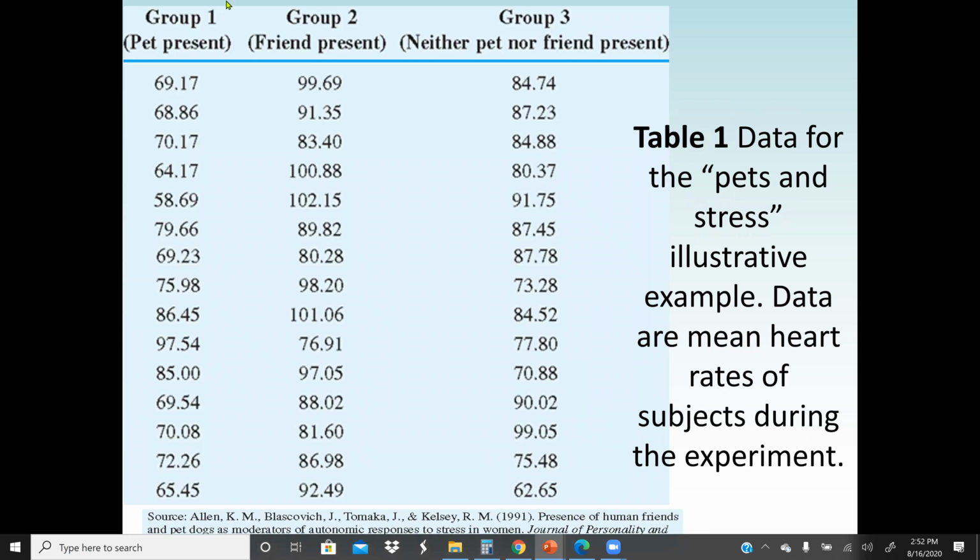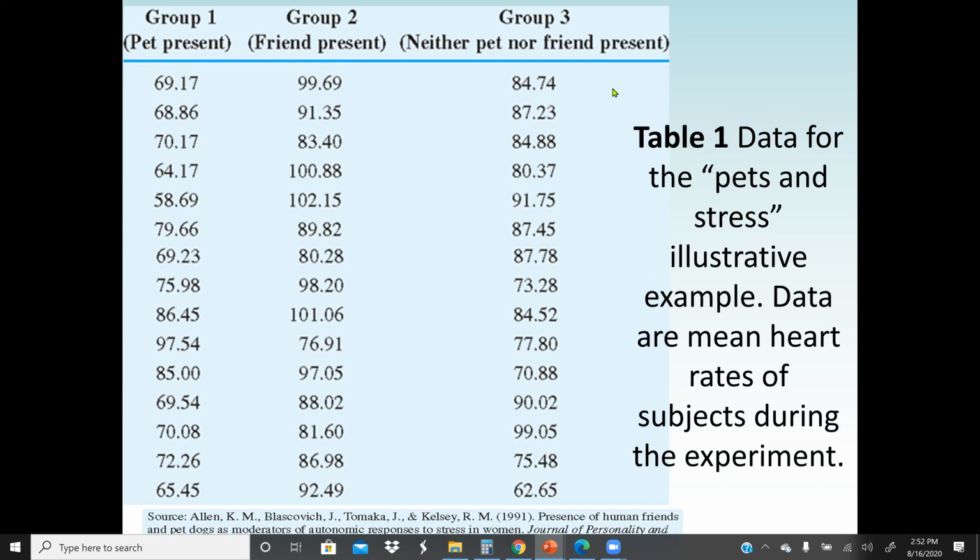This is our data set. We have group one when the pet is present, with the sample and the values for the BPM. Then we have group two when a friend is present, with its BPM values.